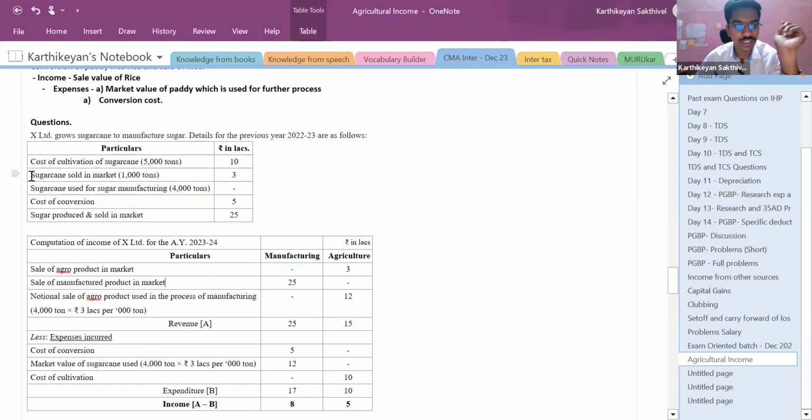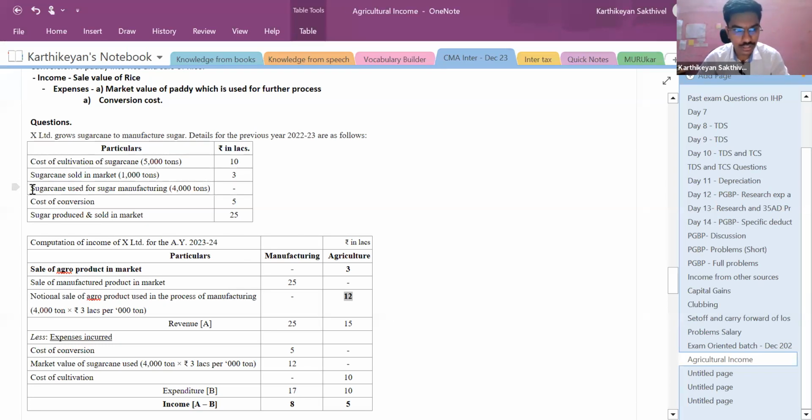Okay? So what is the first one? Sale of sugarcane in the market. Sugarcane without doubt is agricultural produce. Correct? So sale of sugarcane is an agricultural income. Next, sugarcane used for manufacturing of sugar. What is that? 4,000 tons. Okay. So now if 1,000 tons is 3 lakhs, then what is the value of 4,000 tons? 12 lakhs. Correct? So this 12 lakhs is to be treated as sale of agricultural produce.